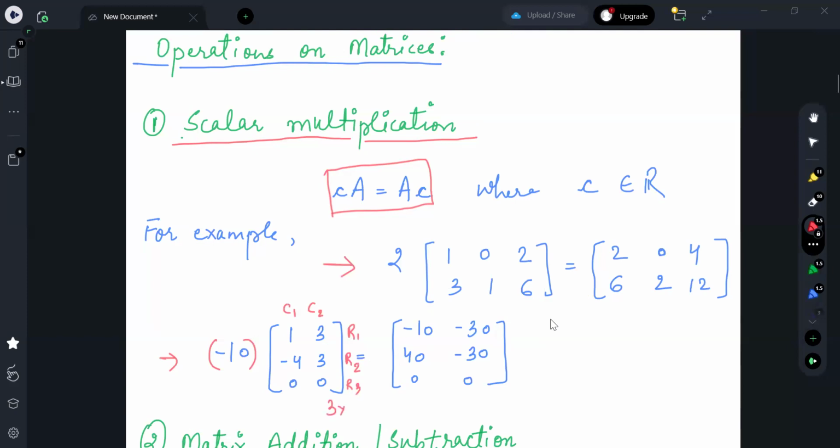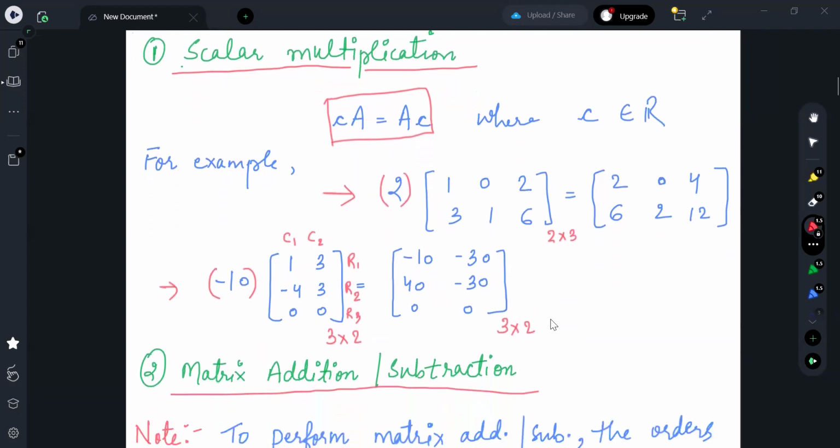This is a matrix of 3 by 2, right? The resultant matrix will be of the same order. Scalar multiplication does not affect the order of a matrix. Same thing here. This is a matrix of order 2 by 3 because it has 2 rows and 3 columns, right? And this is a scalar.